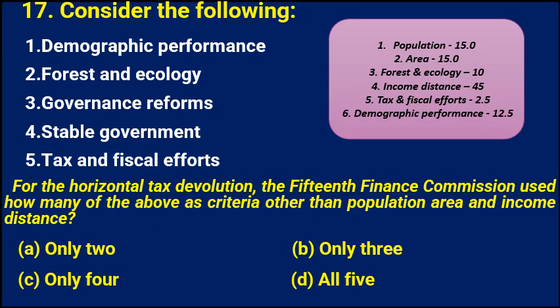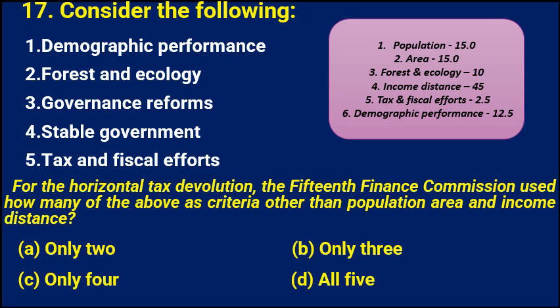Question number 17. Consider the following. Number 1, demographic performance. Number 2, forest and ecology. 3, governance reforms. 4, stable government. 5, tax and fiscal efforts.